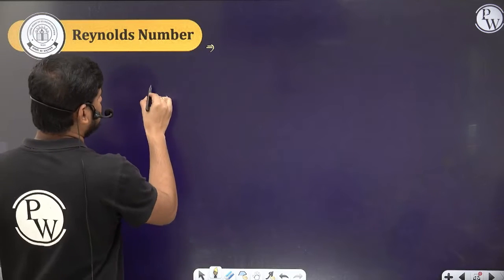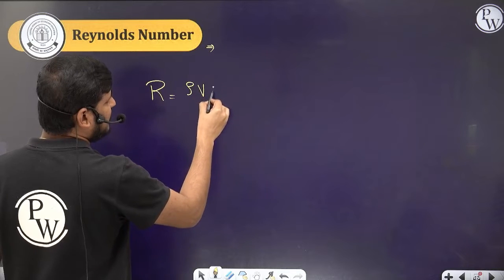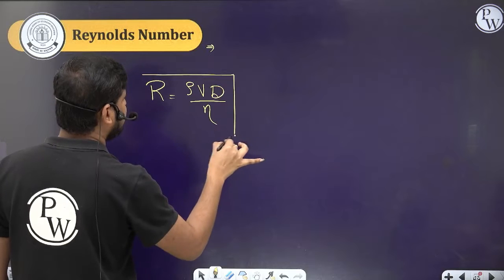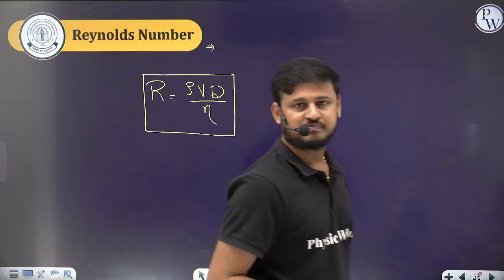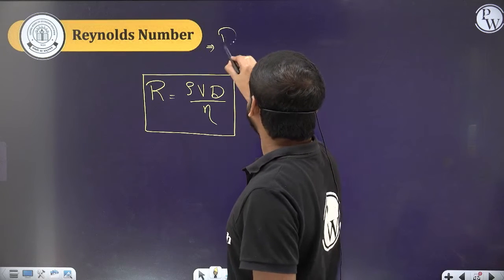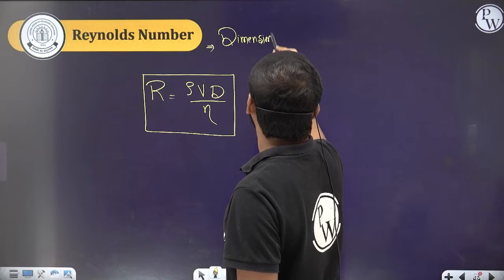The Reynolds number is given by rho v d by eta. It tells us whether the liquid flow is turbulent or streamlined or steady flow. It's a dimensionless number. Remember, it's a dimensionless number.